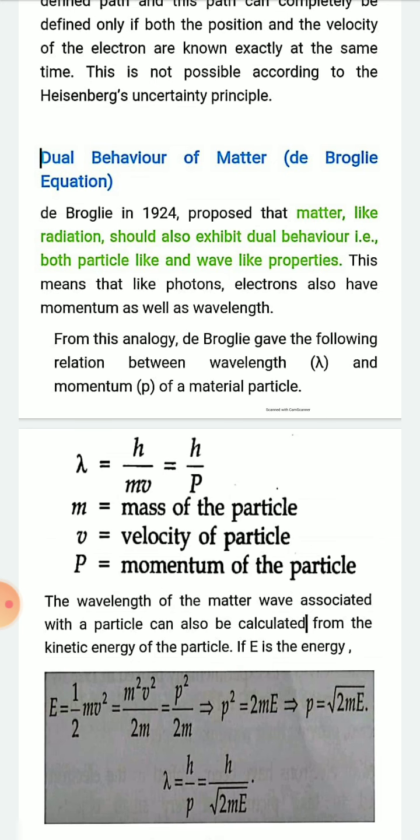To explain the photoelectric effect and black body radiation, you have to assume the particle nature of radiation. Now here, electrons, protons, neutrons are particles, not waves, but particles can also show wave nature. Who said this? Scientist de Broglie. That's why I'm calling it the dual nature or dual behavior of matter.